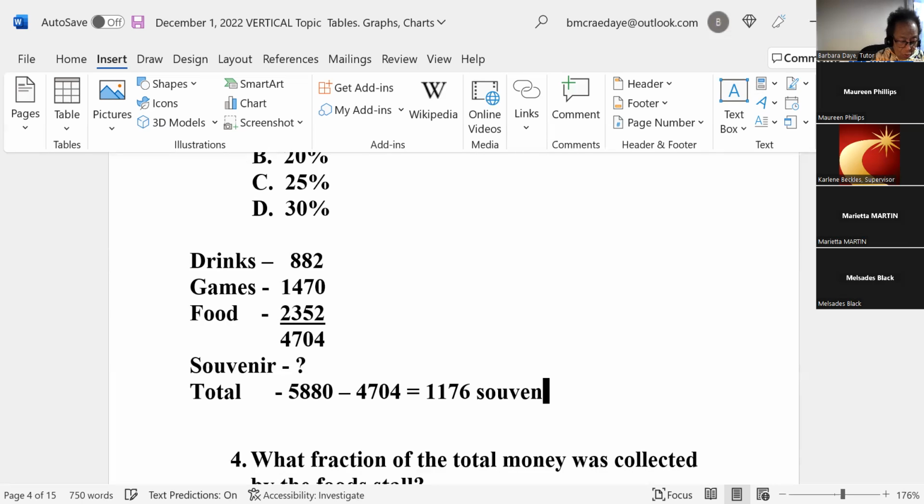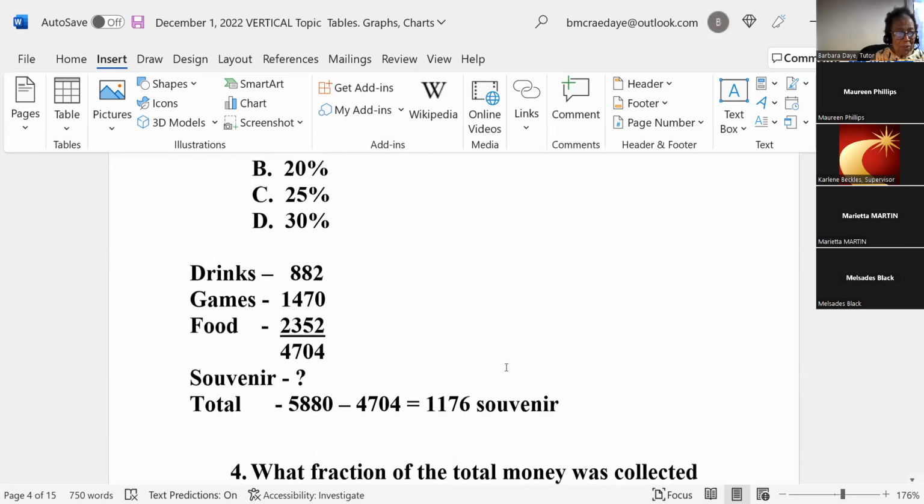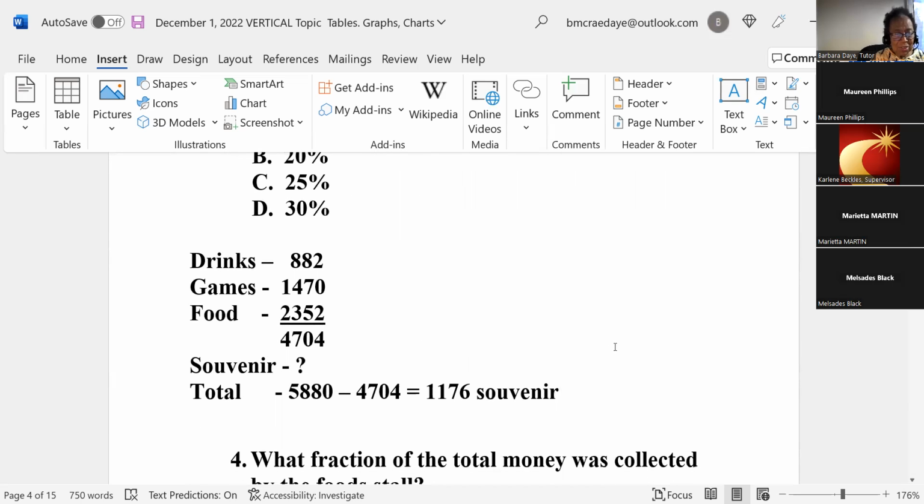But you're supposed to find the percent of it, right? So how would you find the percent of souvenirs? I couldn't figure out what to do, Miss. I can't remember how to do that part. Maureen knows. Maureen, how would you find the percent of souvenirs? You know the total, 5,880.